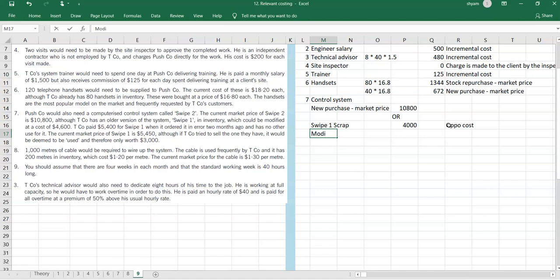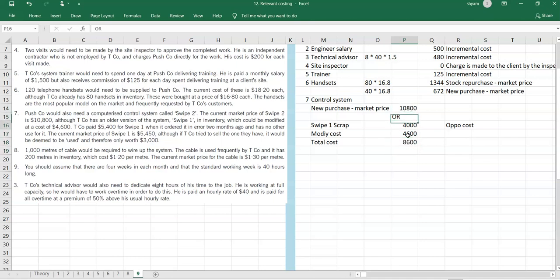The modify cost is 4,600. So put together, the total cost would be 8,600. So which will you use?